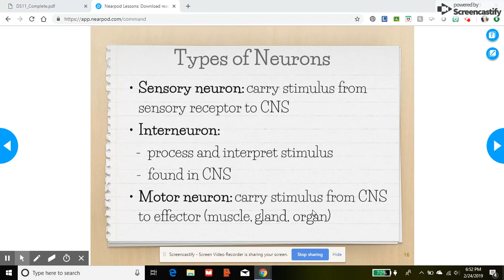So that's going to process and interpret our stimulus. And then we have our motor neuron that's going to carry the stimulus from the central nervous system to the effector. You guys have now seen this probably four or five times, so this should make pretty good sense to you.